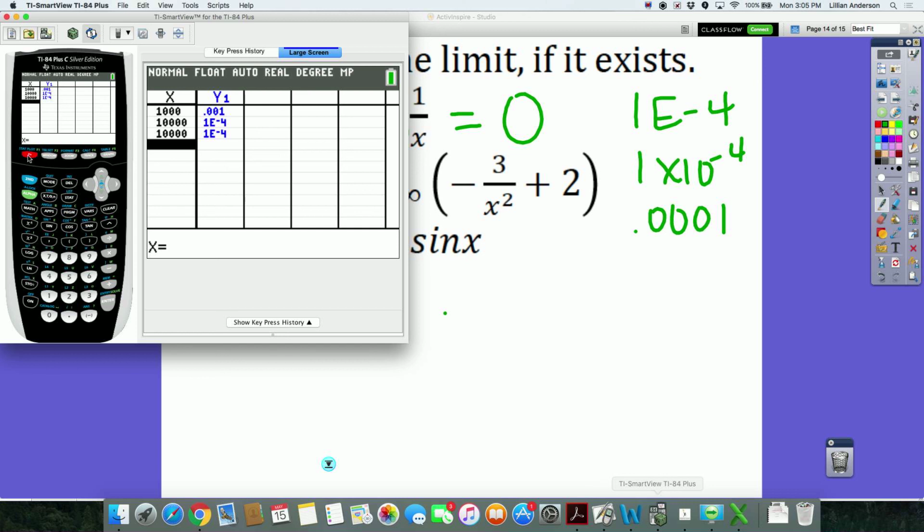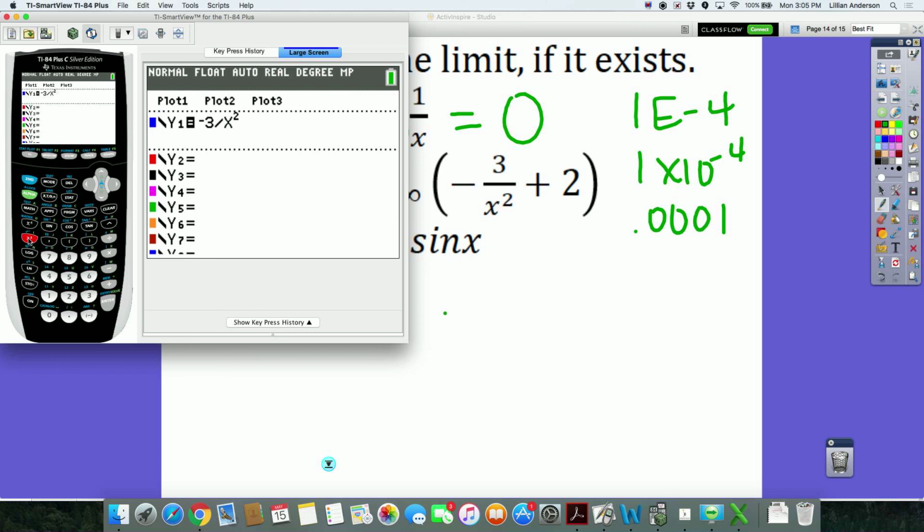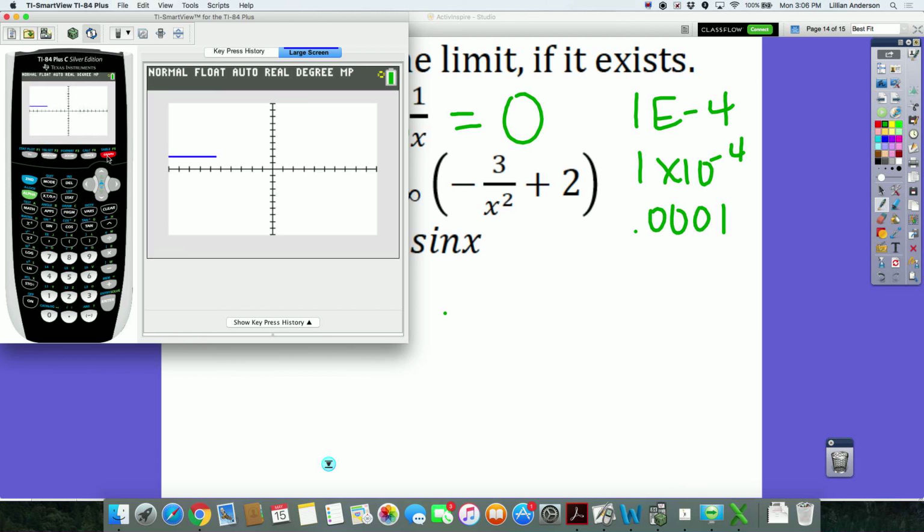Okay? Let's look at the next one, as x approaches negative infinity. Hopefully my calculator can make it without shutting down for the third time. I don't need parentheses here because it's going to do order of operations. I want it to do -3 divided by x squared plus 2. I'm going to look at my graph first, see if I can tell what's happening the closer I get to negative infinity.